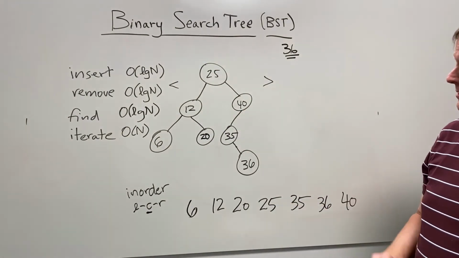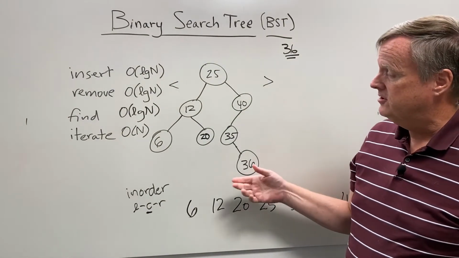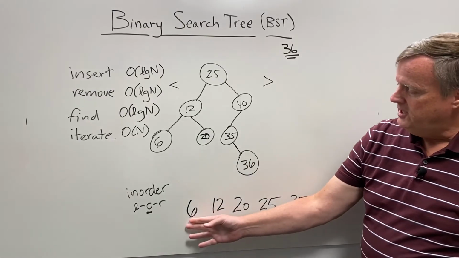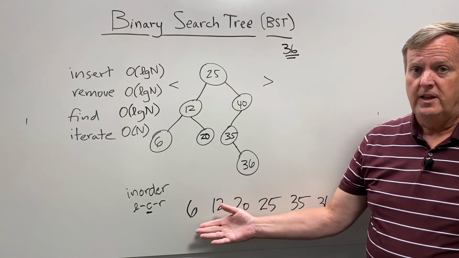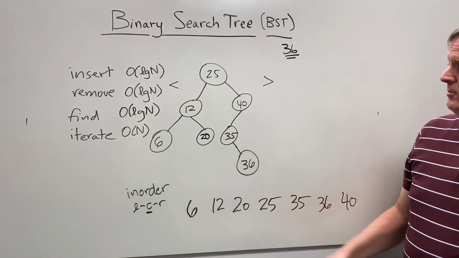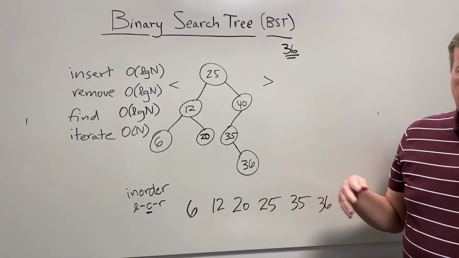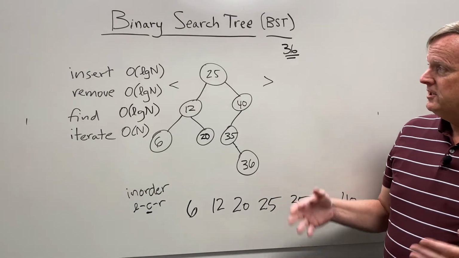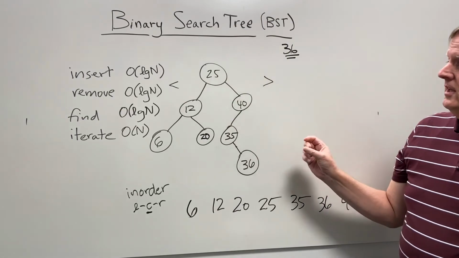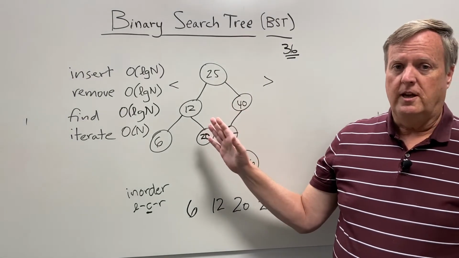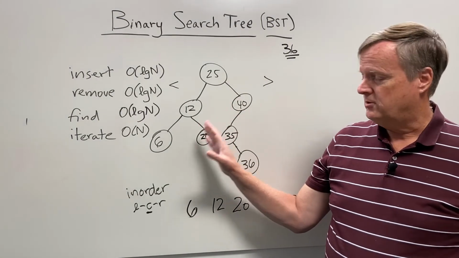Let's talk for a second about the characteristics of this binary search tree. You can see now that we're keeping the numbers in numerical order, so they're sorted. That's a very important aspect of a binary search tree. So anytime you're working with sorted data, especially if you're trying to insert something into a list that's already sorted, the binary search tree is an excellent data structure to use for that.